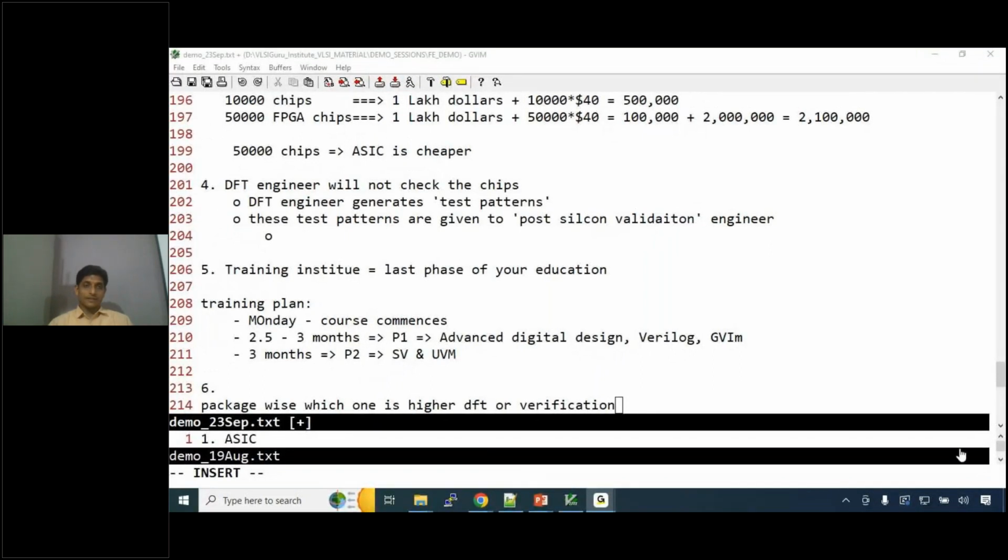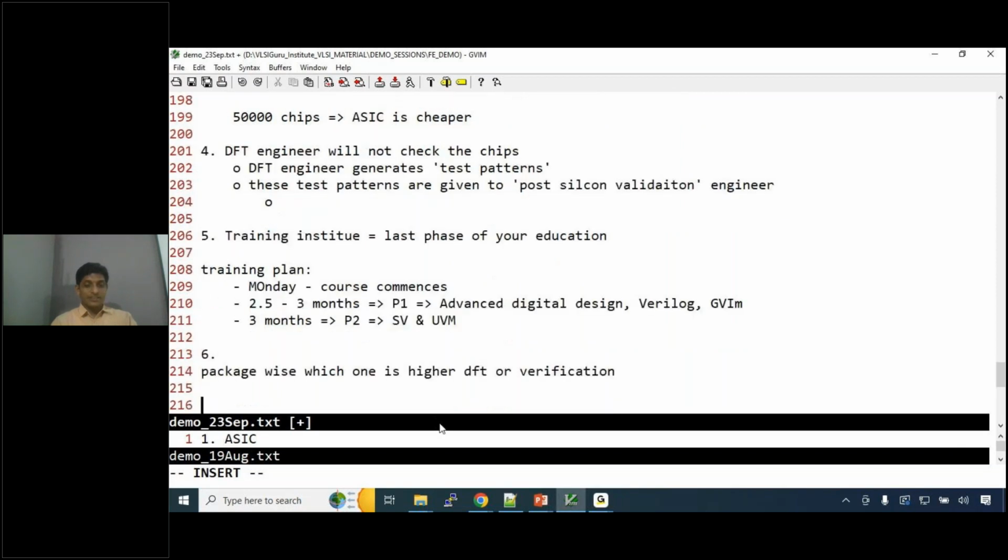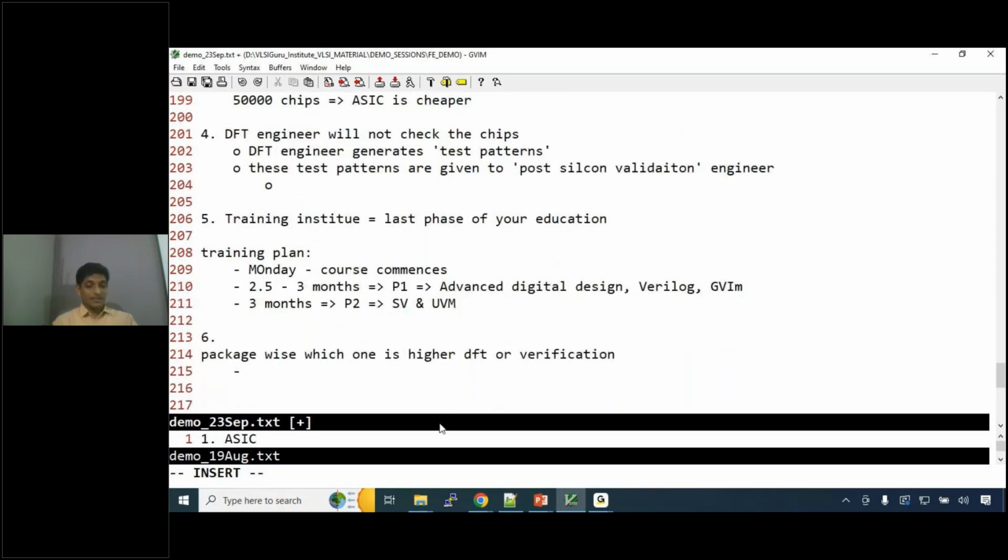A person can get anywhere from 15 to 30 lakhs. We see that in the industry. Someone with 5 years experience in one company is making 15 lakhs, and someone is making 30 lakhs also.